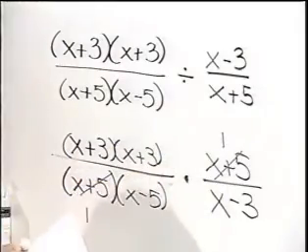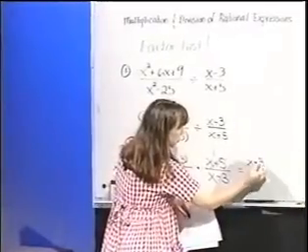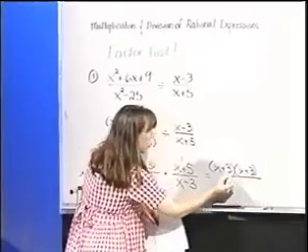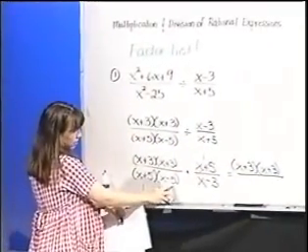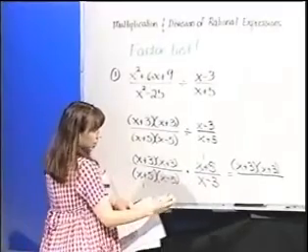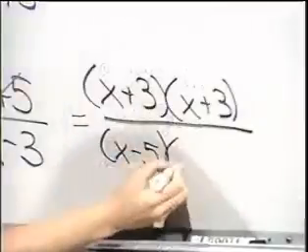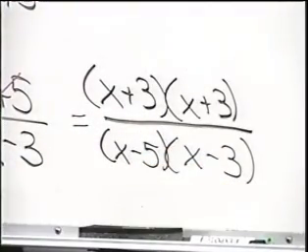X plus 3 times x plus 3 times 1 is just x plus 3 times x plus 3. And in the denominator, you have 1 times x minus 5 times x minus 3, which is just x minus 5 times x minus 3. And again, nothing will cancel.